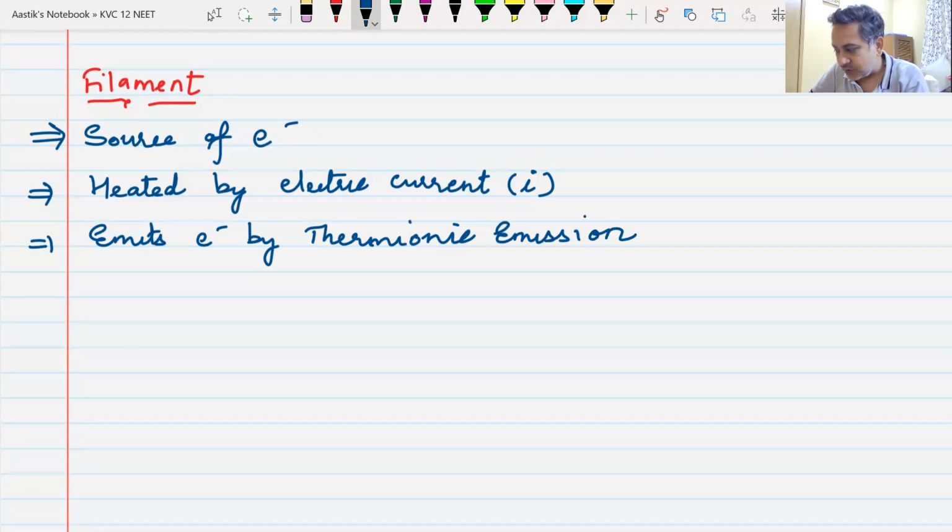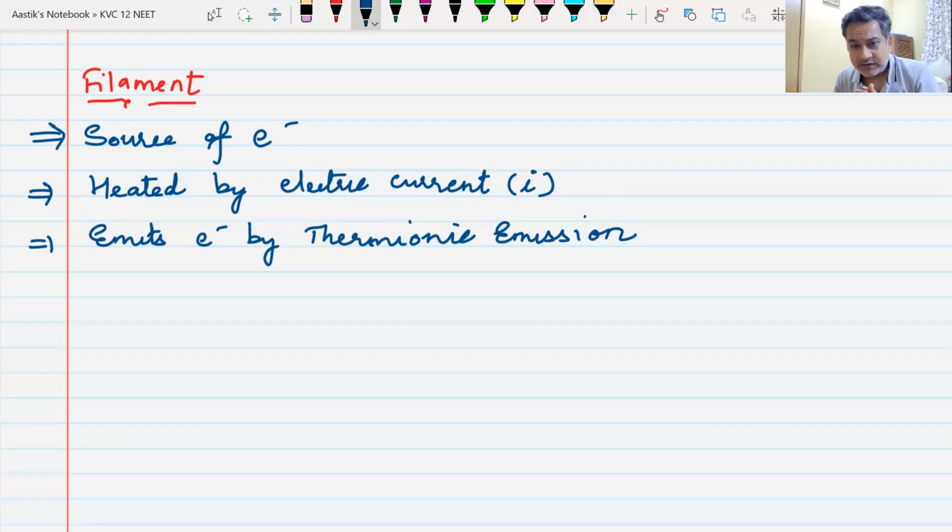Now, what do you mean by this thermionic emission? I told you about the photoelectric effect. What happens in the photoelectric effect? These metals have electrons which are bound to the nucleus. If they get sufficient energy, they can leave the parent atom and wander freely. One way of giving them energy is by allowing light to fall on them. That is the photoelectric effect.